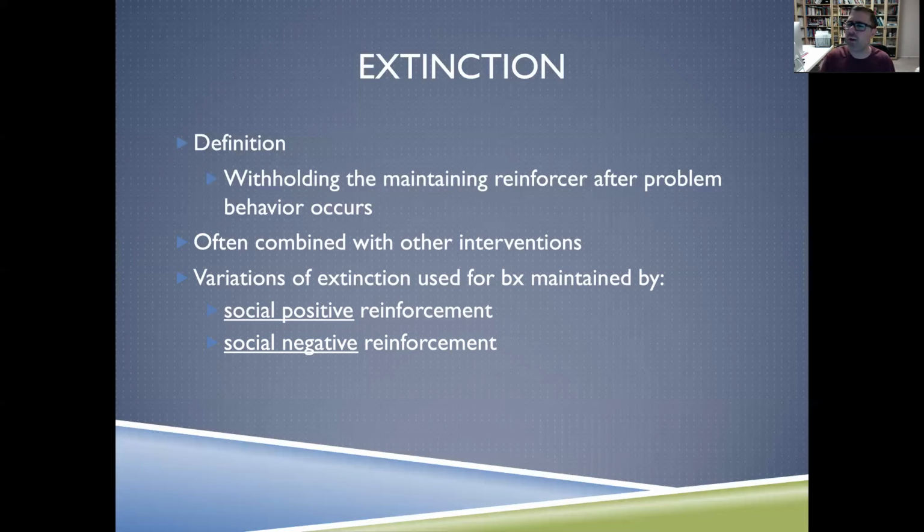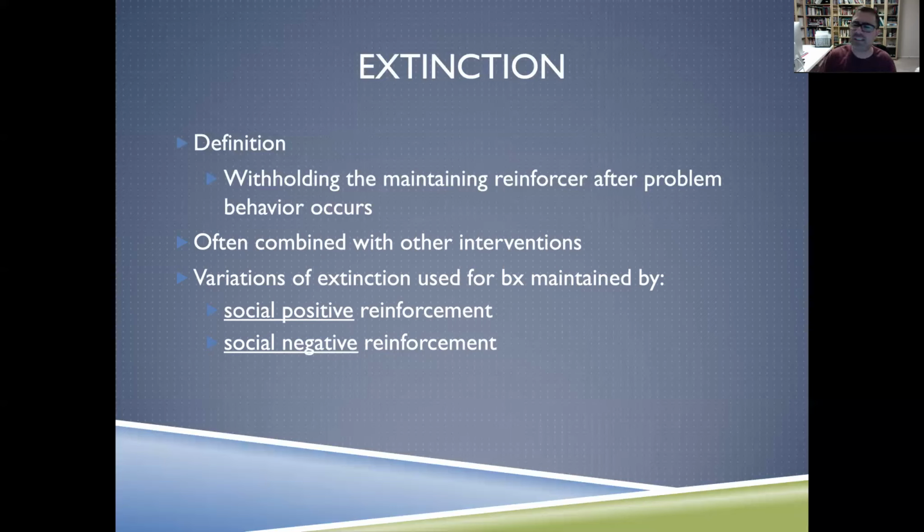So social positive behavior occurs and produces something that is mediated by someone else. Well, the behavior will stop producing that, right? So the person delivering the reinforcer will stop delivering the reinforcer.